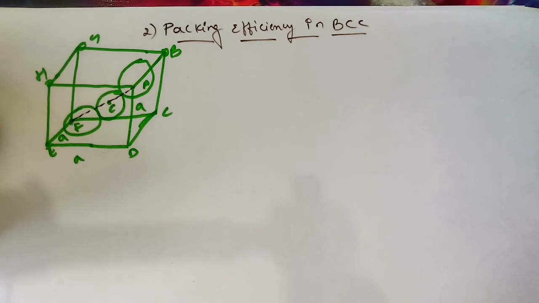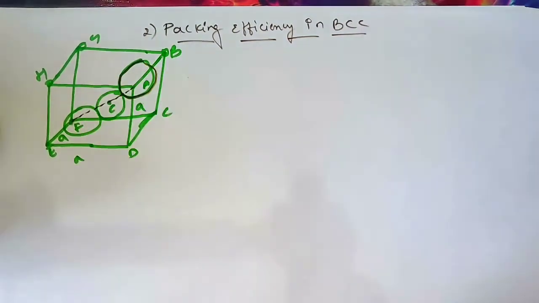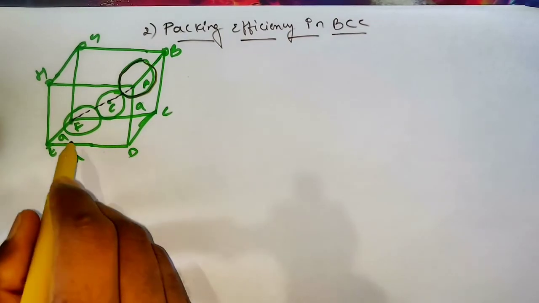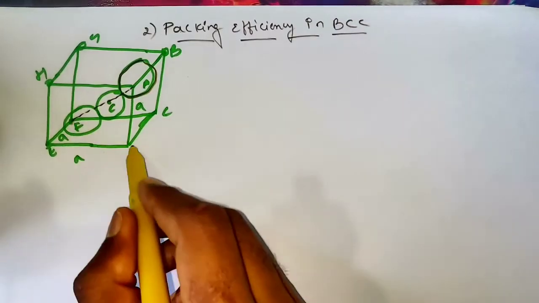Now we will discuss the packing efficiency in the BCC, body centered cubic arrangement. There are 3 atoms along the body diagonal that touch each other. When 3 atoms touch each other, we will have 2 triangles. One is triangle EFD, and another is triangle AFD.